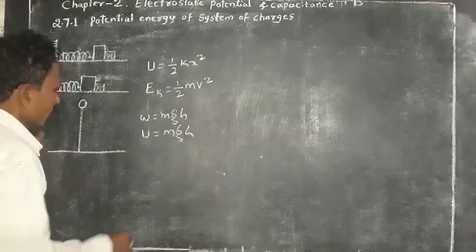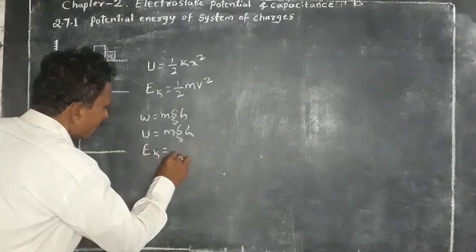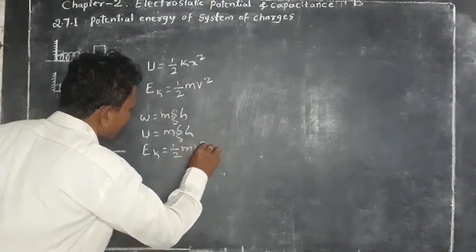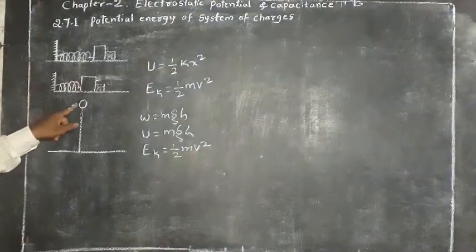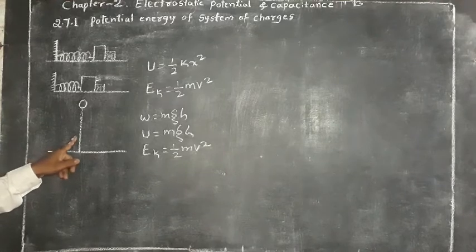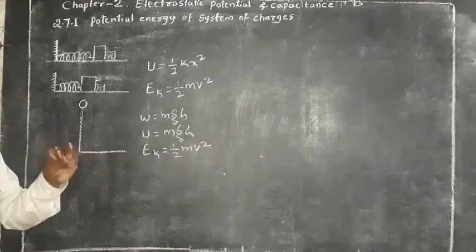Here the kinetic energy is given by Ek = 1/2 mv². At any instant of motion of the ball, the sum of potential energy and kinetic energy remains the same.